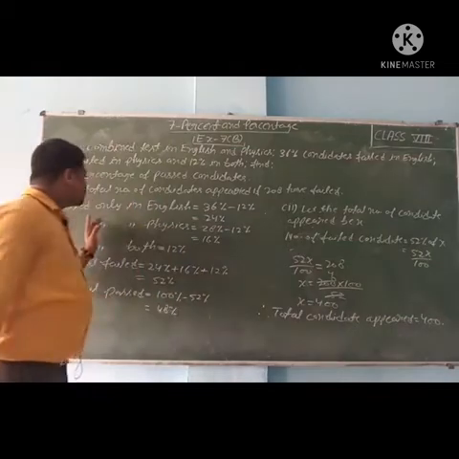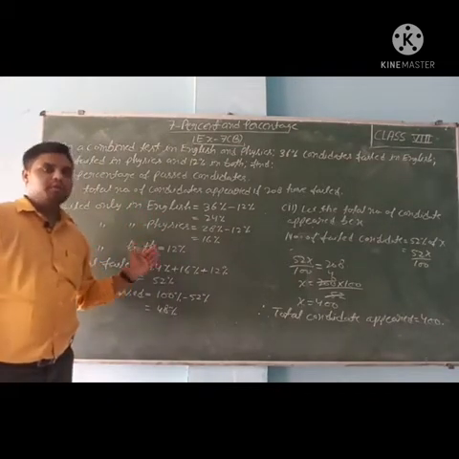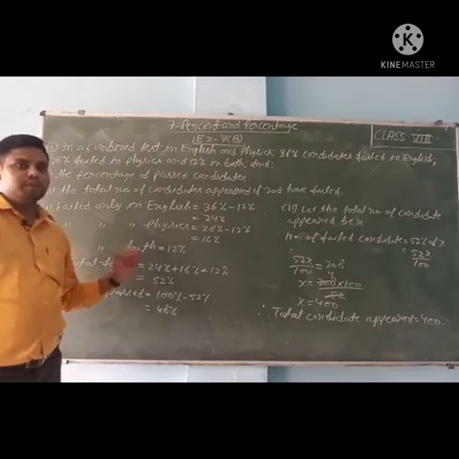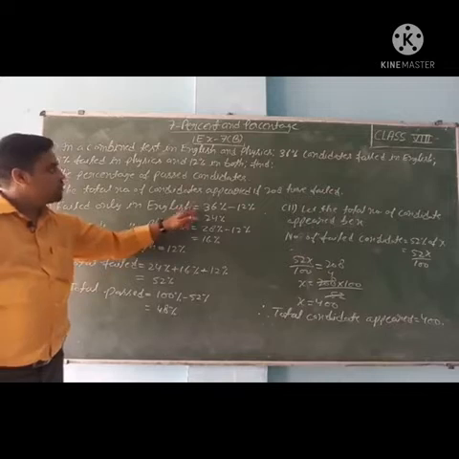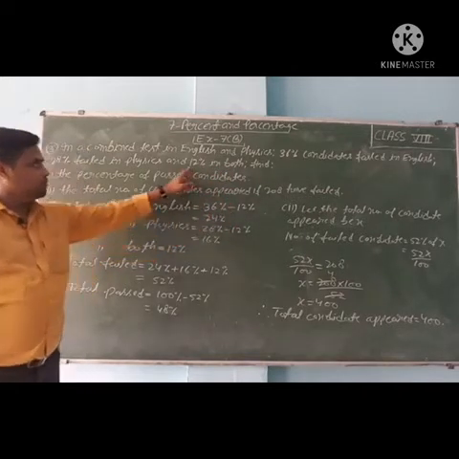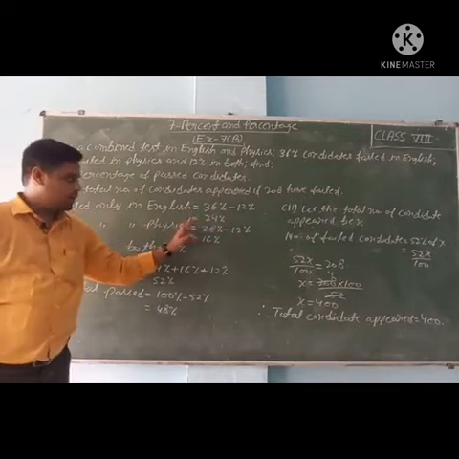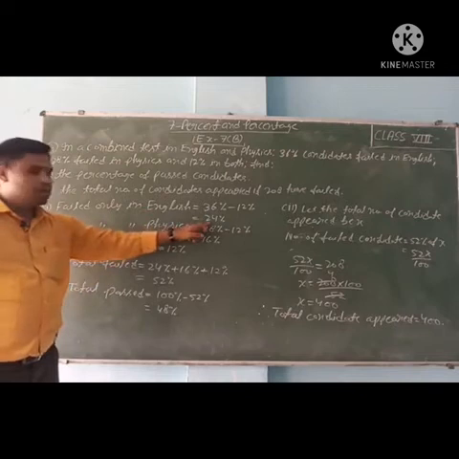So we will find those who failed only in English, failed only in physics, and failed in both. Failed only in English is equal to 36% failed in English minus failed in both, 12%. So what we are getting? 24%. Failed only in English, 24%.